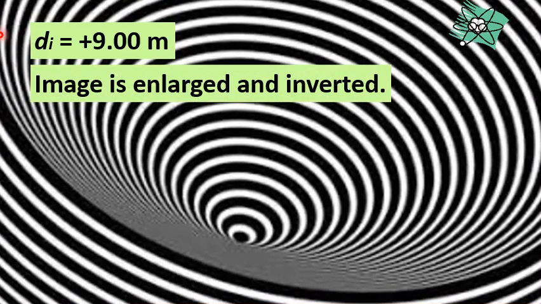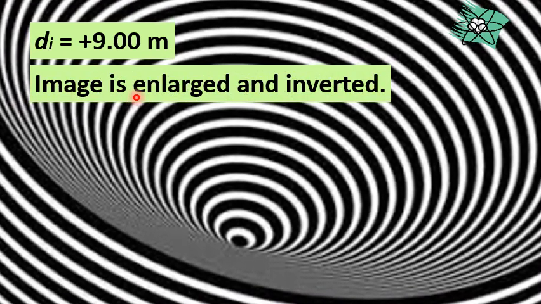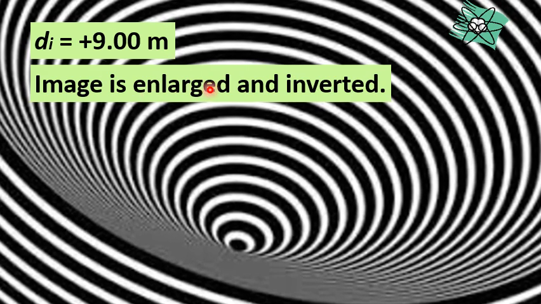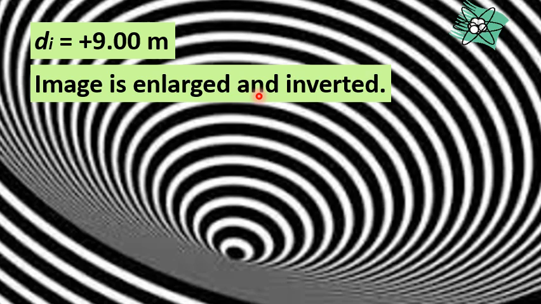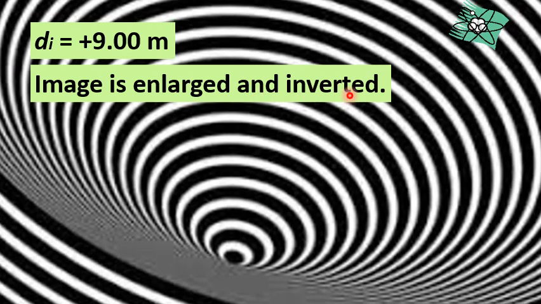That's why you are able to say that the image distance is positive 9.00 meters, because the screen is 9.00 meters from the mirror. We're also given that the image is enlarged, or bigger than the object, and that this image is inverted, upside down.